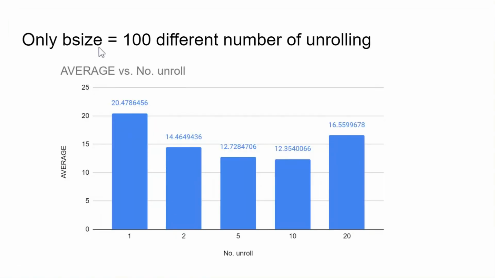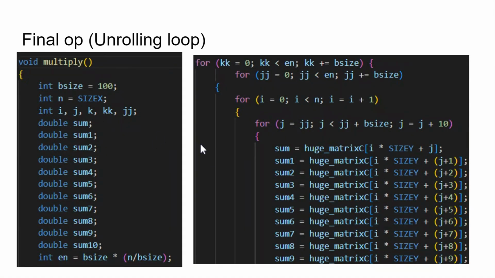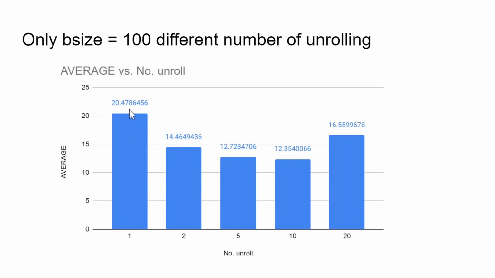And so we know that the B size should be 100, and now we test it with different numbers of unrolling. When I say unrolling 1, I'm just saying we ignore all these and we only do sum, basically what we did before, like only block matrix multiply, and we got 20.47 seconds, which is to be expected.